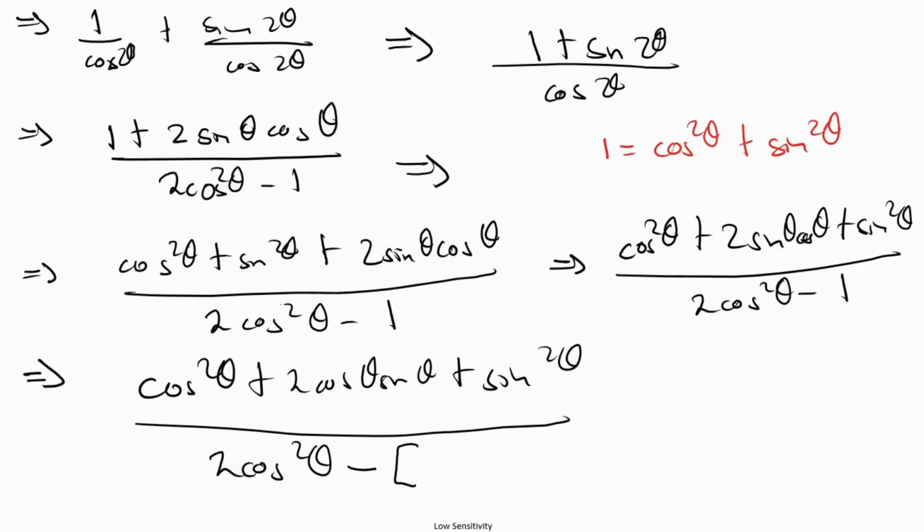We know what 1 is. We can express 1 as cosine squared theta plus sine squared theta. Let's go to another slide here.